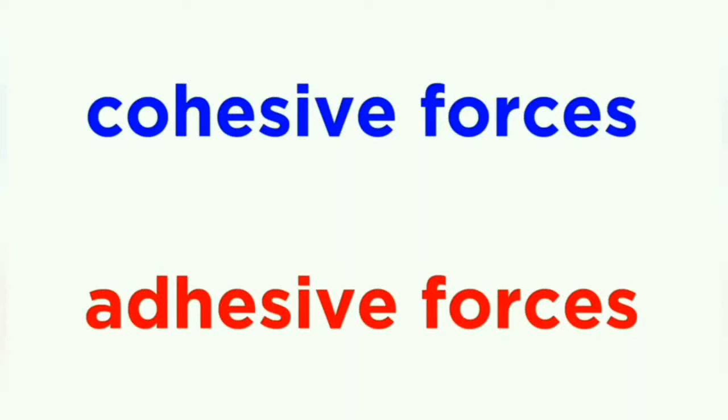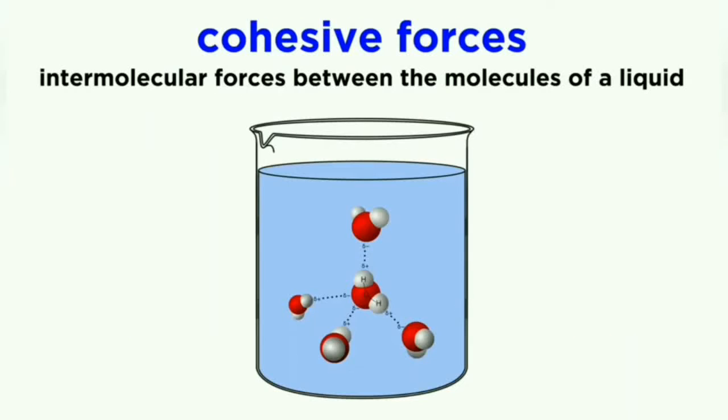Intermolecular forces are of two types, cohesive forces and adhesive forces. Cohesive forces are the intermolecular forces that exist between the molecules of the same kind. These are the attractions that molecules can exhibit between one another that cause cohesion in a substance, which can be quite significant for a very viscous substance.